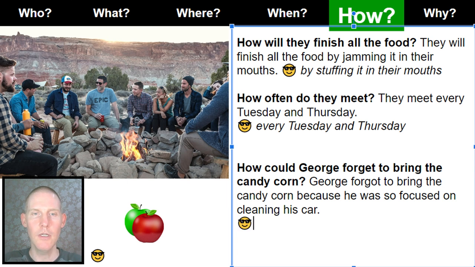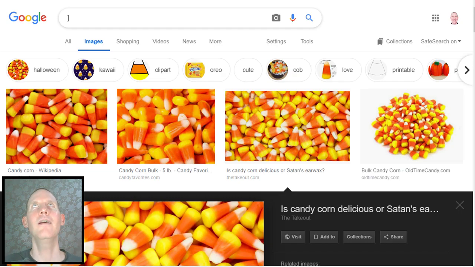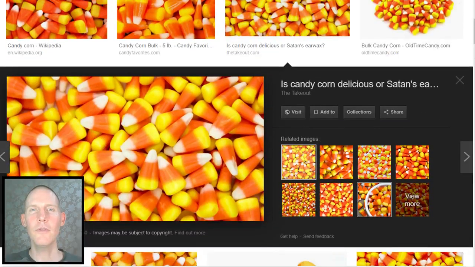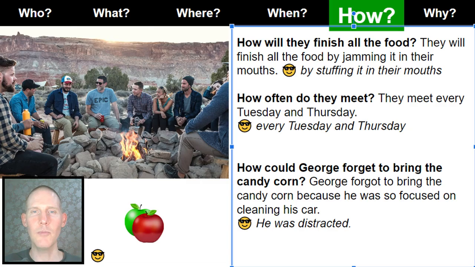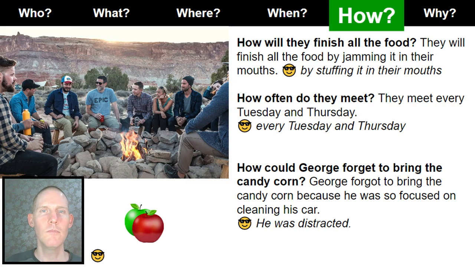And if we do a shorter answer, how could George forget to bring the candy corn? Well, he was focused, or maybe, he was distracted. Right, so we know he was doing something that was taking his attention, so he didn't bring the candy corn. Let's see the candy corn again. Oh, delicious. Unhealthy, but delicious. Okay, back again. Let's go.